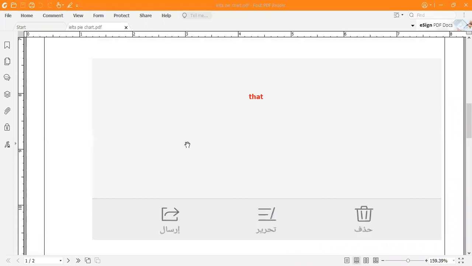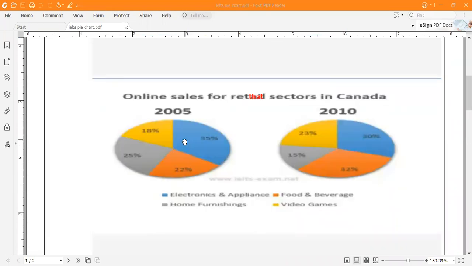طيب الأوفرفيو هذا ما فيها مقارنات زي البار. شوف أنت إيش كان أعلى شيء هنا في 2005. Which one was the highest in, for example, the retail sectors in Canada?